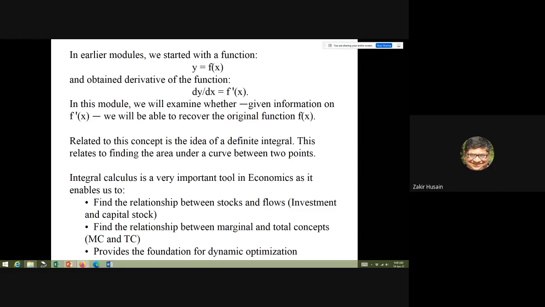More important, we can also find out the relationship between marginal and total concepts. When we did the derivative, we moved from the total to the marginal. But in this case, we are moving from the marginal to the total curves. Like we may be given the marginal product curve and we want to find out what is the total product curve.